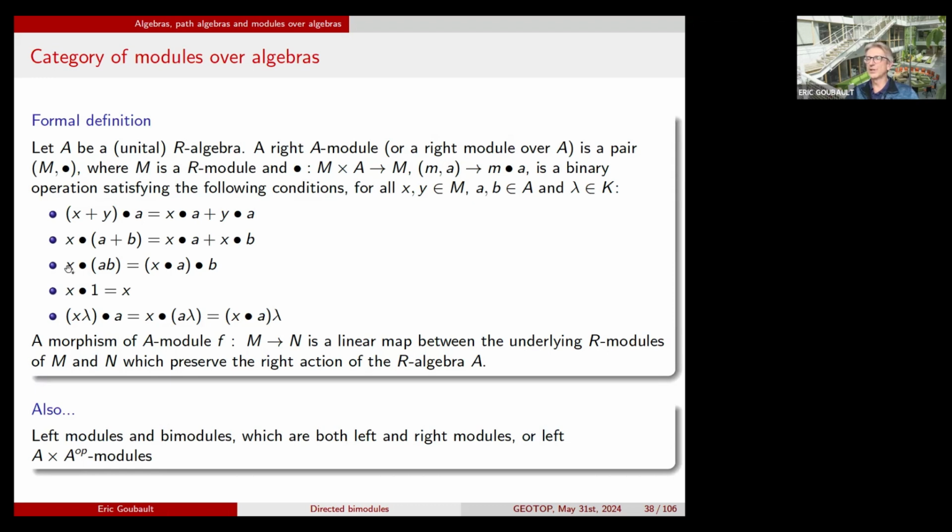And it's just going to be the action of B on the results of the action of A on X. But for the rest, it's just an ordinary right module on the underlying ring R. Just you have to take care of the algebra multiplication, how it goes, right? And of course, bimodules are just going to be both left and right modules, or equivalently left A times A^op modules. A^op is the opposite algebra. I'm not going to define it, but it's pretty straightforward. The concatenation or the multiplication goes in the reverse way.